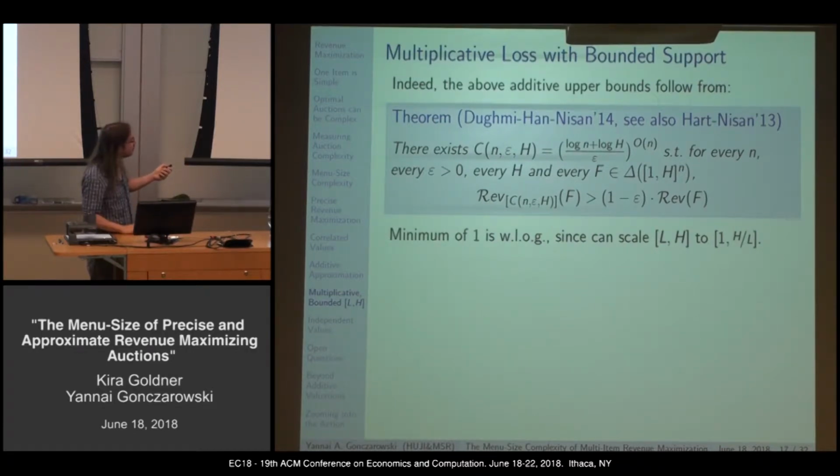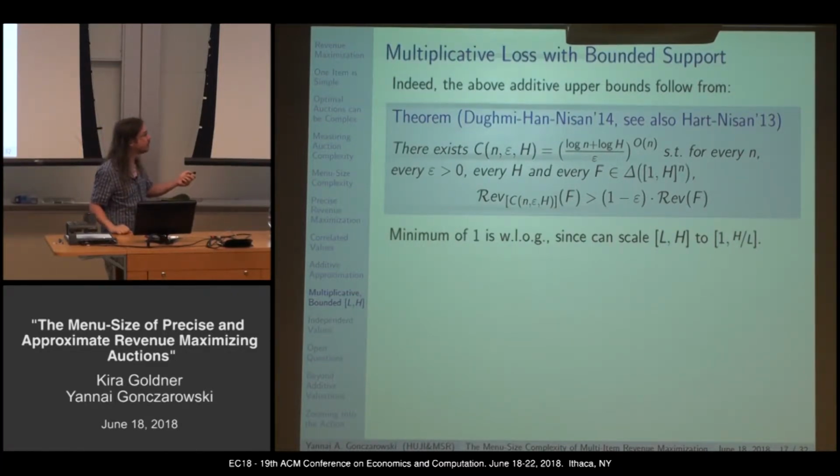So what are they saying? There exists a menu. Okay, so tell me what n is. Tell me what's the maximum multiplicative epsilon you're going to lose. Tell me a lower bound, or tell me something about the ratio between the lower and higher bounds of all distributions. I'm going to give you a menu size that depends only on these.